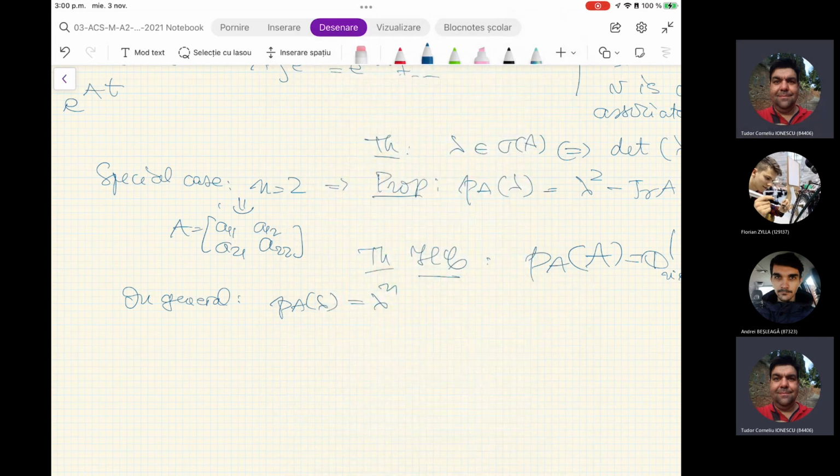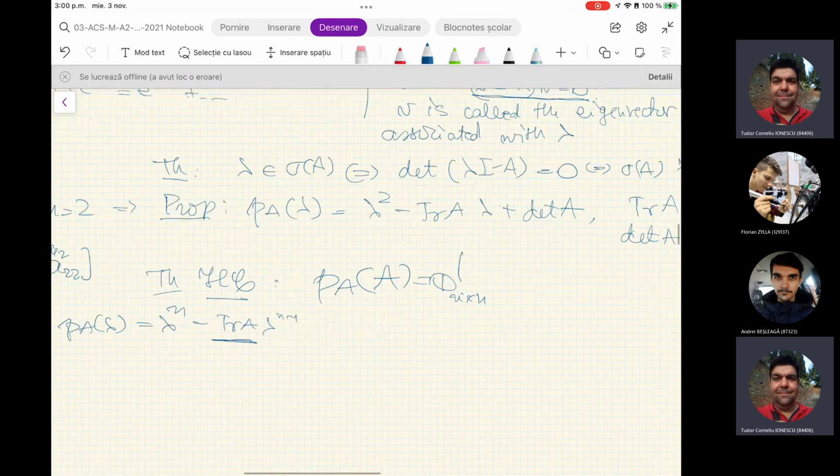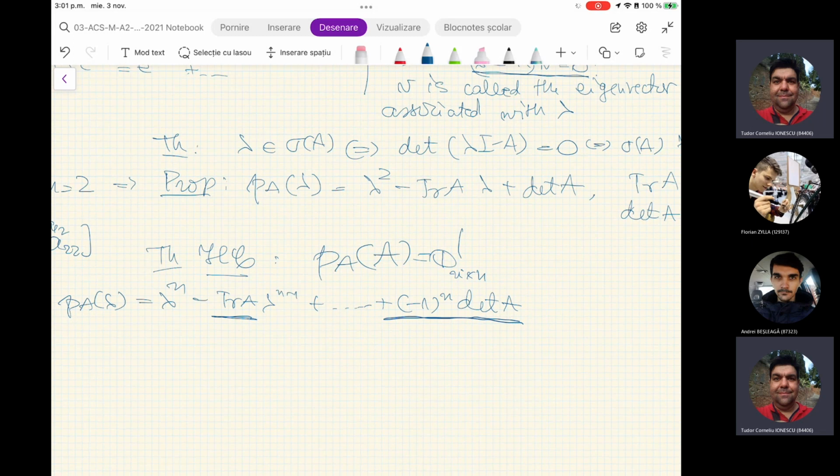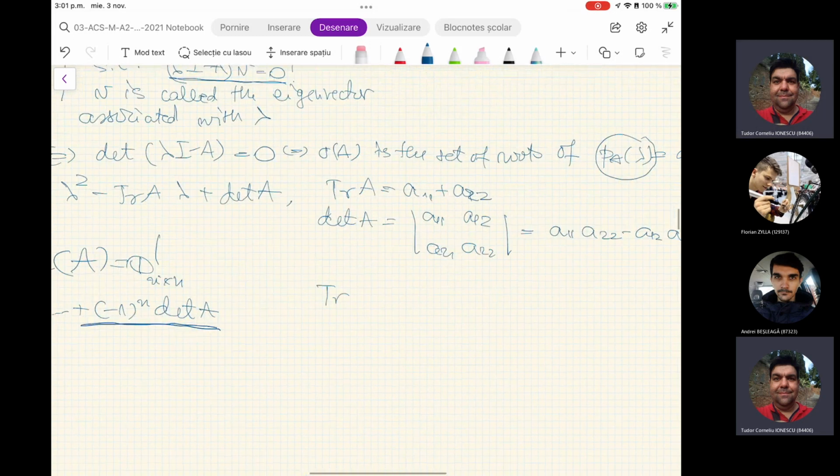The second coefficient of the characteristic polynomial is always the trace of the matrix, and the last coefficient is always the determinant of A. That's what I always know. Please keep in mind also, from Viète's relations, that the trace of A is always the sum of all eigenvalues.